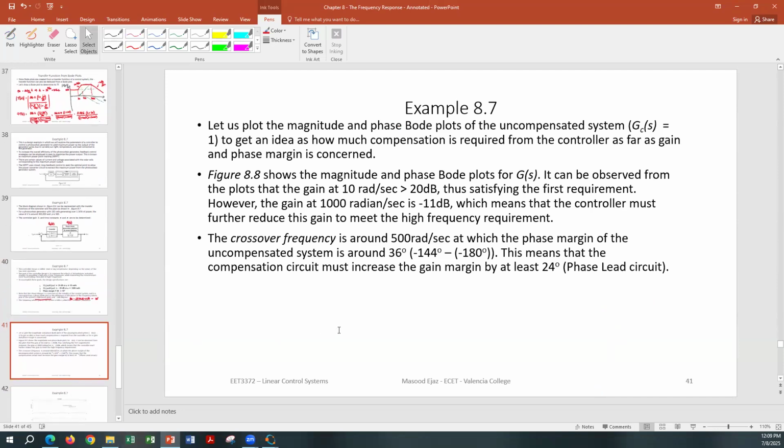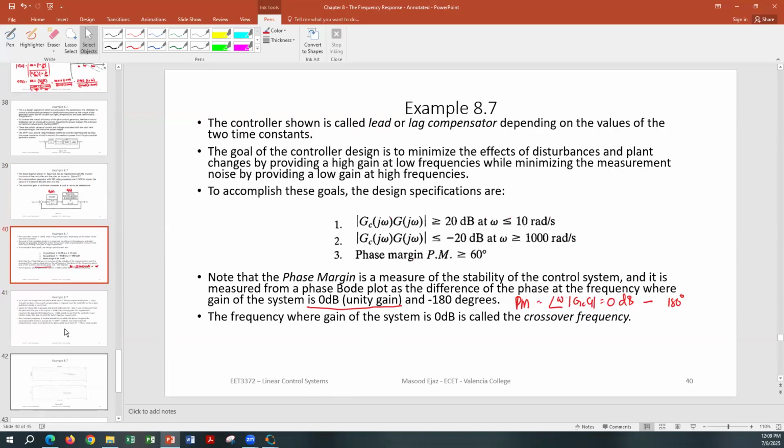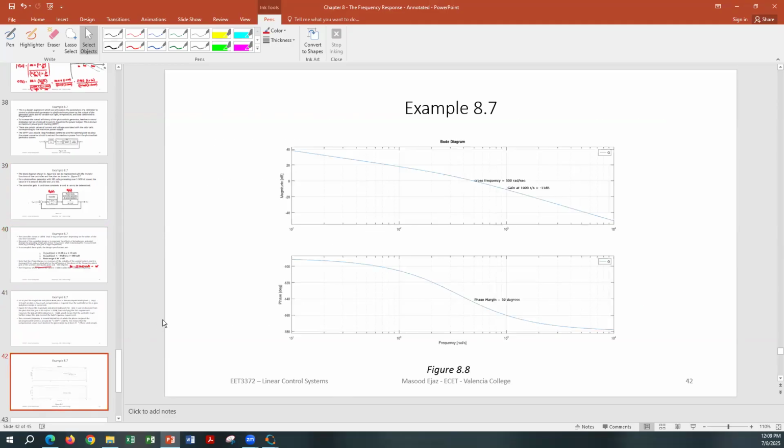So what we're going to do is plot both the magnitude and phase Bode plots for the uncompensated system, GC(s) equal to 1, to get an idea of how much compensation is required from the controller as far as gain and phase margin are concerned. So we're going to take GC(s) to be equal to 1, and we are going to plot the phase Bode plot.